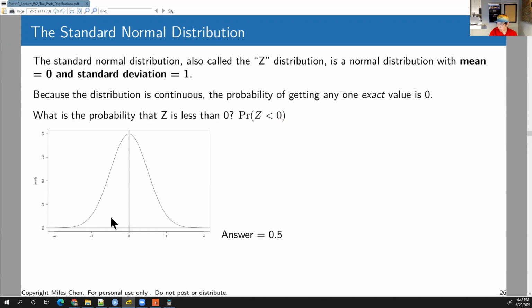How much area is to the left of 0? If you know that the total area is 1, it's very easy to see that the area to the left is 0.5, okay?